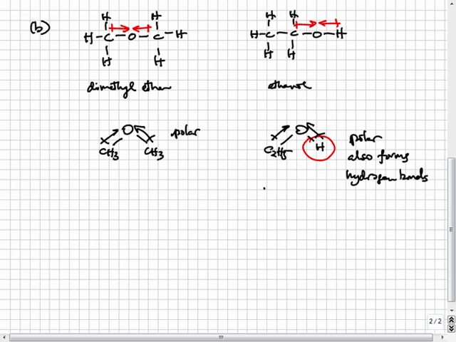The additional ability of ethanol to form hydrogen bonds among themselves makes it have a higher boiling point.